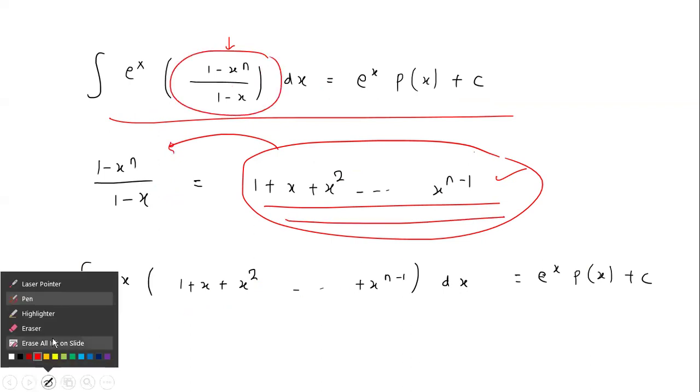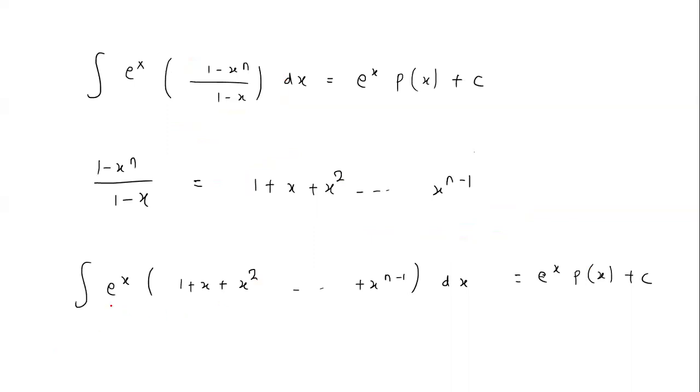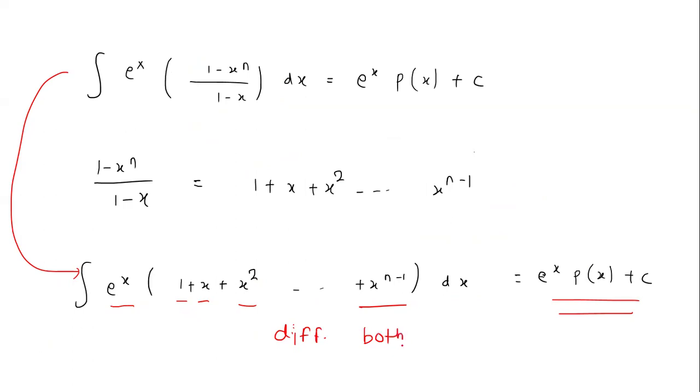So after replacing, I will get e power x multiplied by (1 plus x plus x square up to x power n minus 1) dx, and in the right hand side we have e power x multiplied by p of x plus some constant of integration. Now what we can do, we can differentiate both the sides.